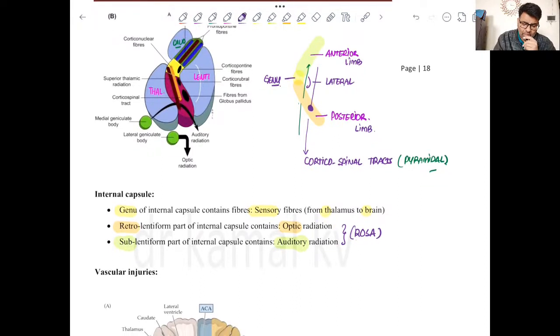And here you can see this is the lateral geniculate body, which is concerned with optic radiation, and this is the medial geniculate body, which is concerned with auditory radiation, that is music. Right? So this part is the retrolentiform, and this is the sublentiform. So this is how you can understand.